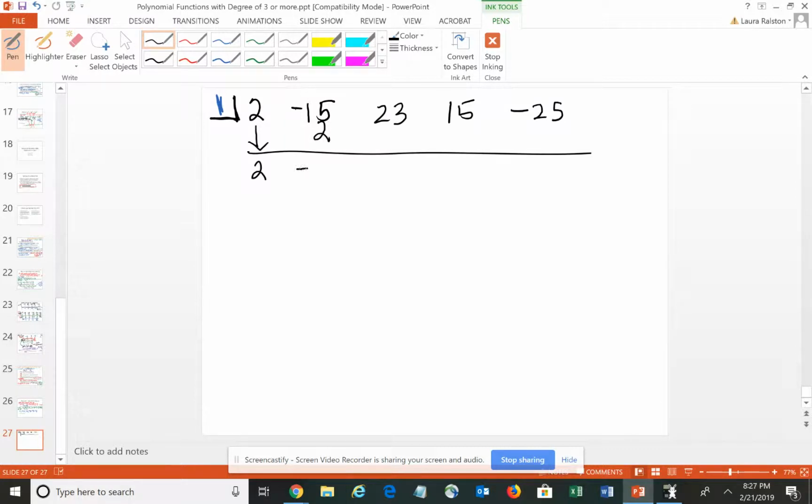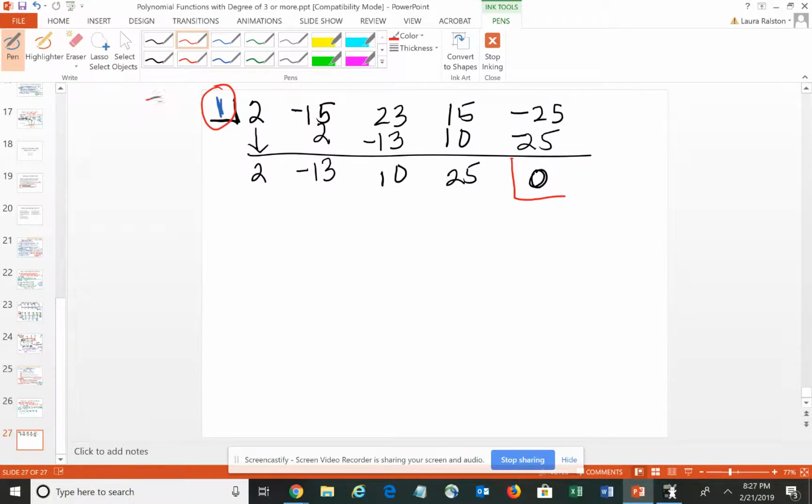Plus negative 15 is negative 13. Times 1 is negative 13. Plus 23 is 10. Times 1 is 10. Plus 15 is 25. Times 1 is 25. And at the end, I do actually have a remainder of 0. So that tells me that 1 is a 0 of the polynomial.